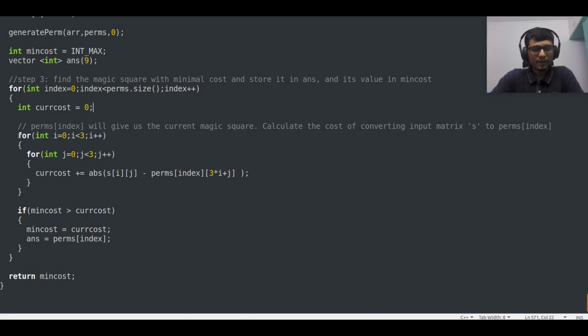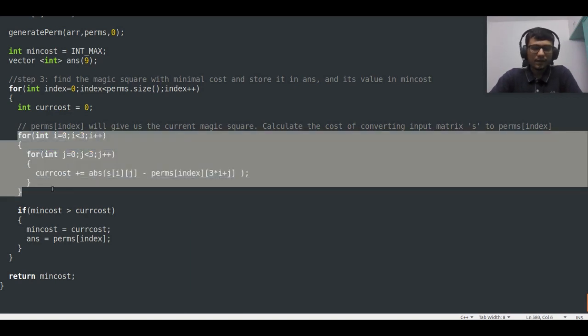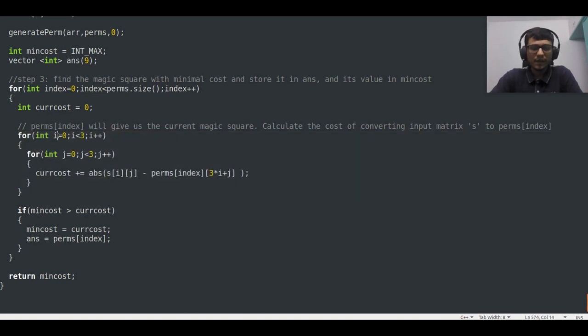That is done here using this doubly nested loop. Here we have the variable i which goes from 0 to 2 and the variable j which again goes from 0 to 2, and inside it we take the difference between the matrices s and perms of index.